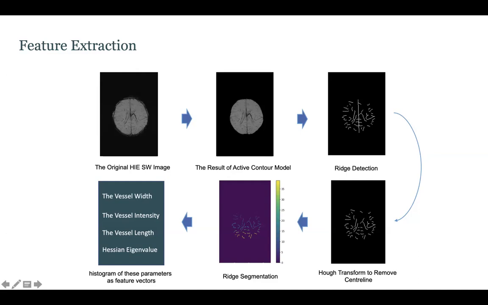Finally we get 4 features: vessel width, vessel intensity, vessel length, and vessel eigenvalue. And then we use a histogram of these parameters as the feature vector to do the classification and regression.